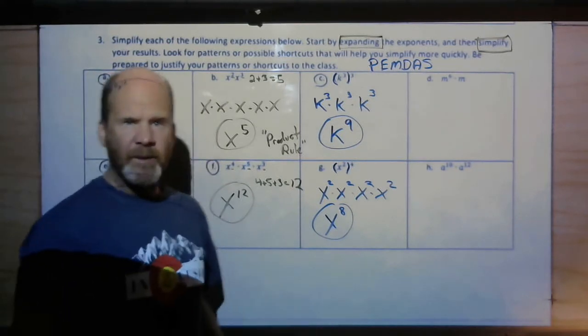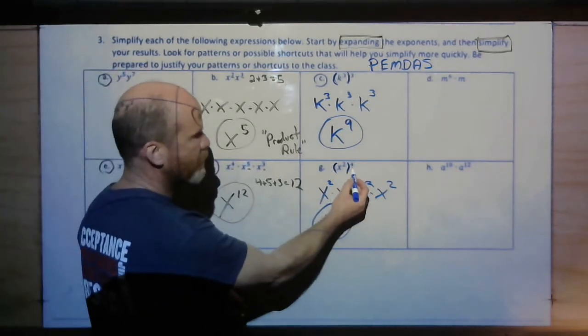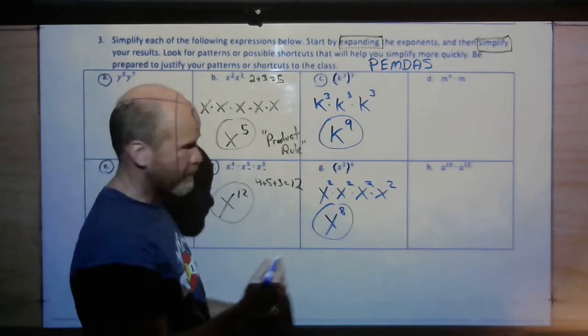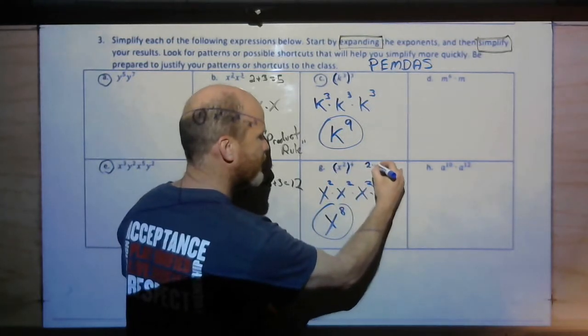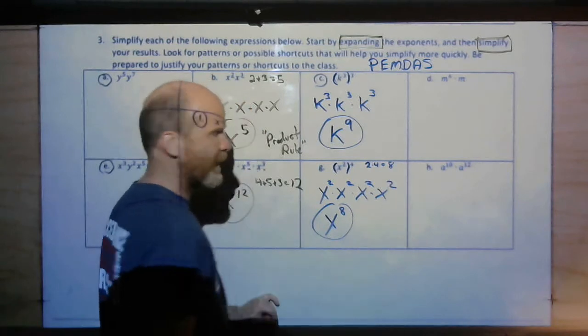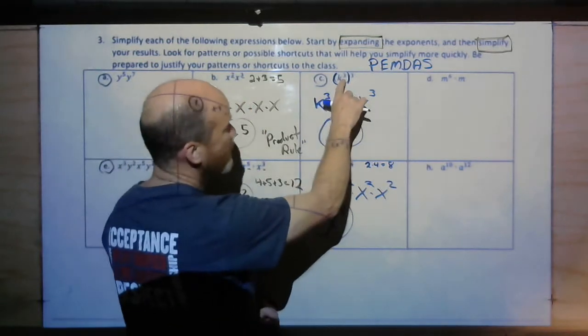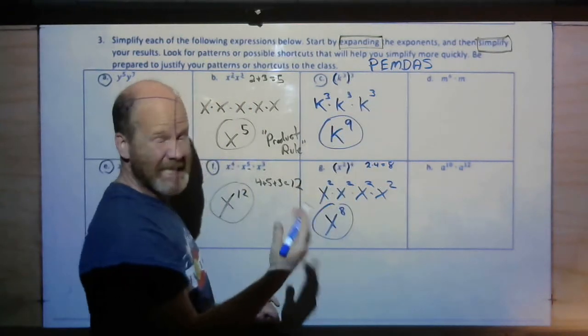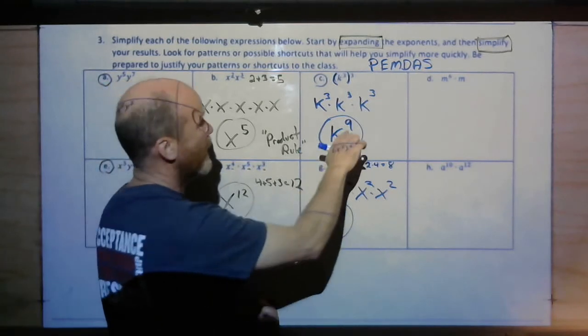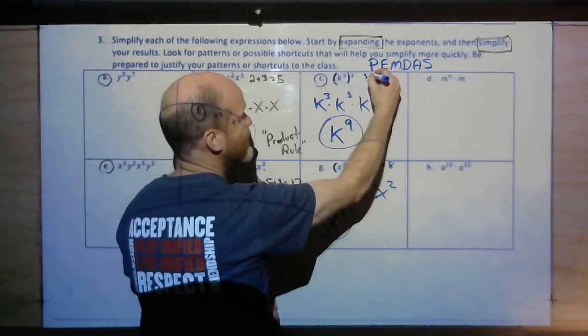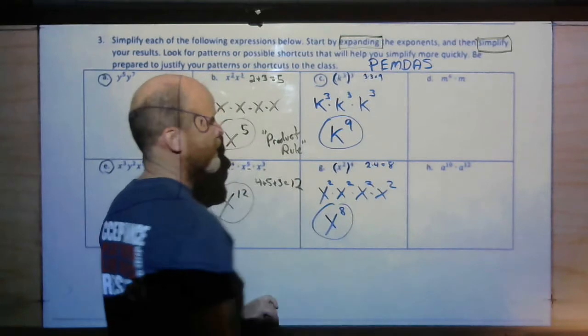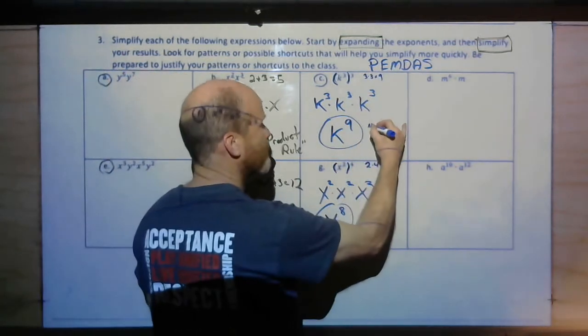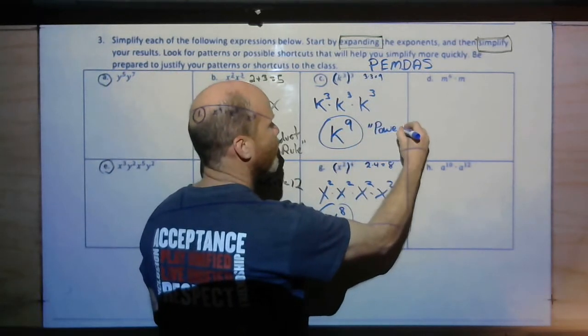So what you probably noticed here is that 2 plus 4 would be 6, but 2 times 4 does equal 8. And up here, 3 plus 3 would give us 6, and we knew that didn't work. But 3 times 3 equals 9. This right here is going to be called the power rule.